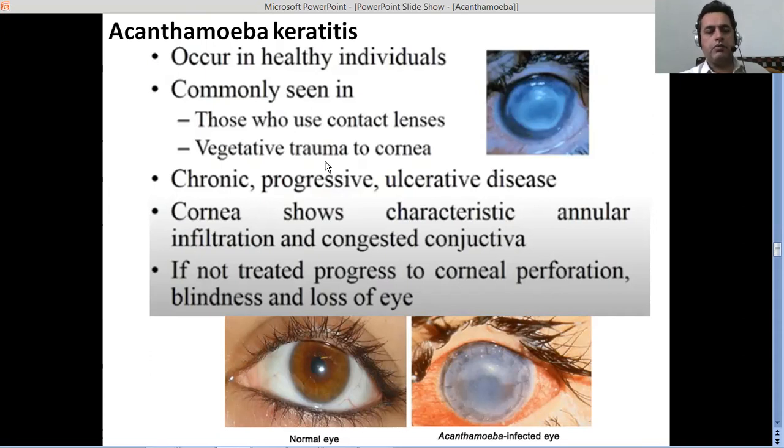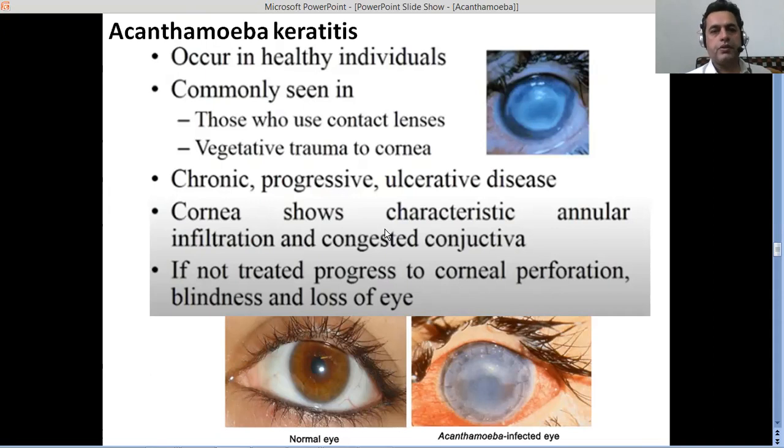Actually, this particular parasite was discovered to cause this particular keratitis or this condition. Initially, it was probably in the 1970s that the condition was associated with this practice of wearing contact lenses, because it was more prevalent in people who are wearing contact lenses.